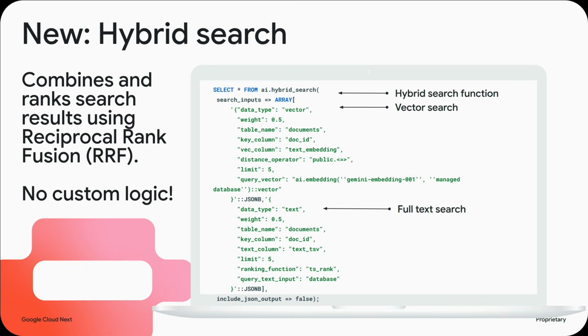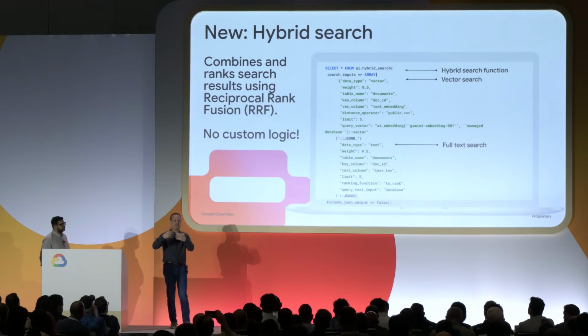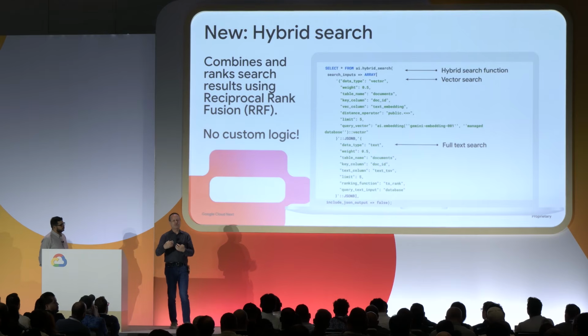Now you have 20 and you're not sure in which order to put them. Should I prioritize the text result or the vector result? Which is closer to what the user is looking for? There are really good algorithms that help do that, and now that is available with a single function call, which the vibe coding tool will of course call for you, doing all of the ranking from both of those indexes.